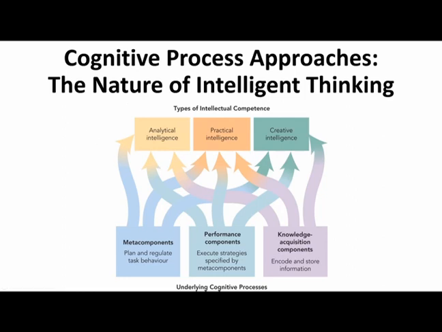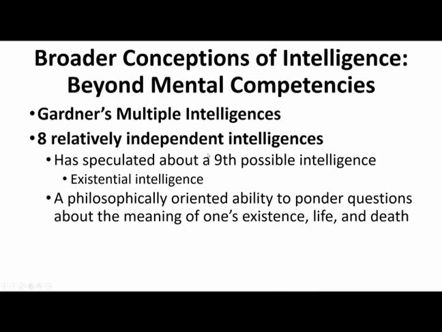Now for the next part, we're going to take a step back from all of these interrelated and interconnected ideas of intelligence, and we're actually going to look at a broader conception of intelligence. Specifically, we're going to look at Gardner's theory of multiple intelligences, the idea that there's more than just one type of intelligence.